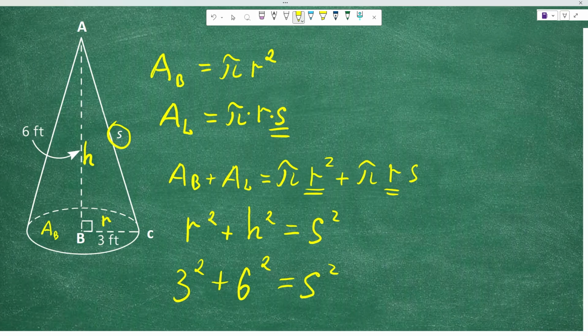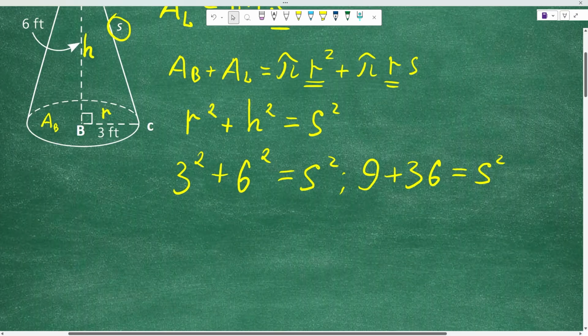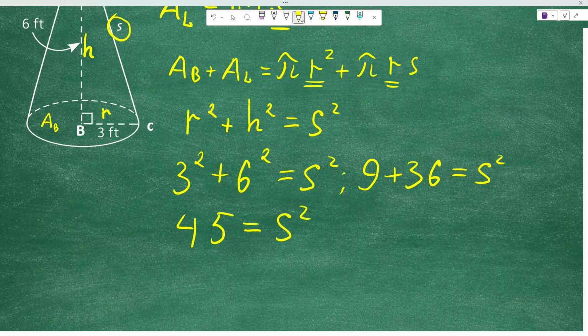Ready? 3 squared is 9, 6 squared is 36, is s squared. Adding those up, we get 45 equals s squared. But we don't want s squared, we want just s. To undo the square, we take the square root. So, s is the square root of 45.